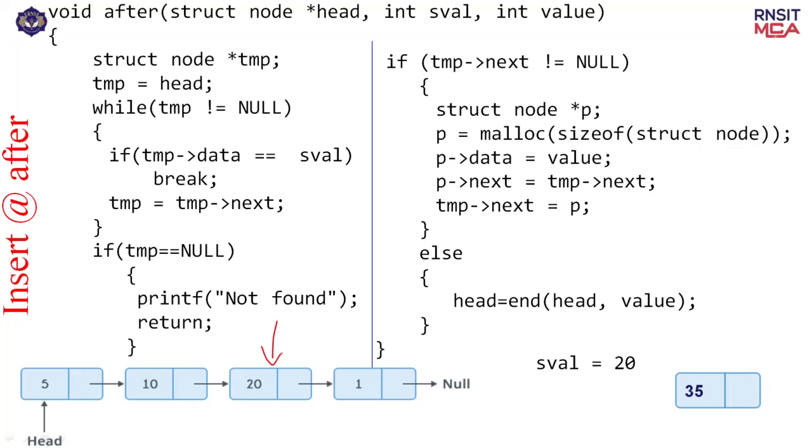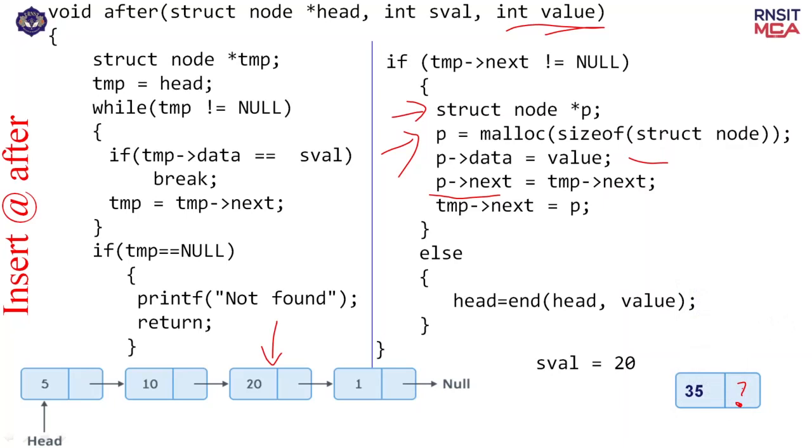Temp is pointing to 20 right now. Now what you do, you create a new pointer p and allocate the memory for it, and store the value 35 into the data part. And p of next, here you don't have anything. You can see p of next is a question mark. You don't know where to put.